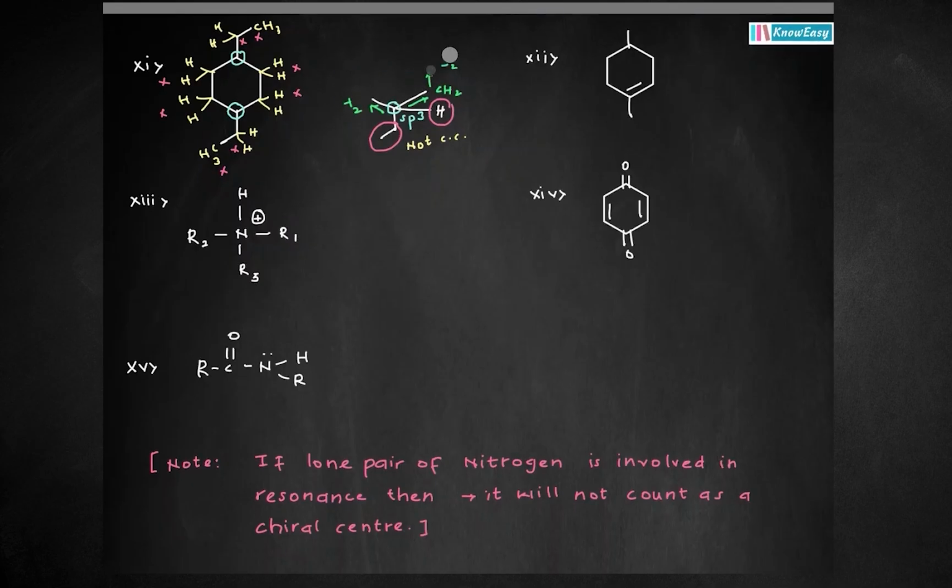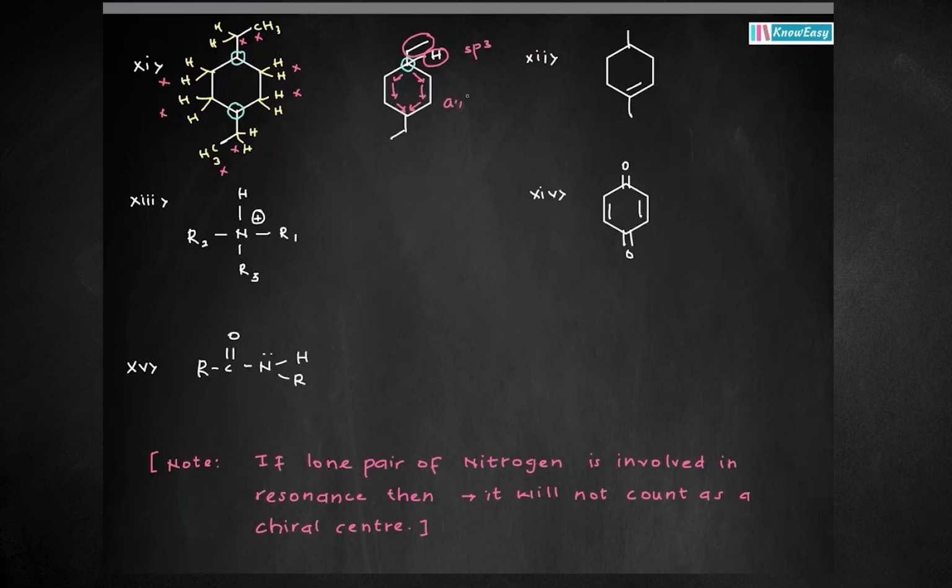Same if you look at this particular carbon atom, again it has 2 different groups. Yes, it is sp3 hybridized as well, but the third and fourth valencies are exactly the same.